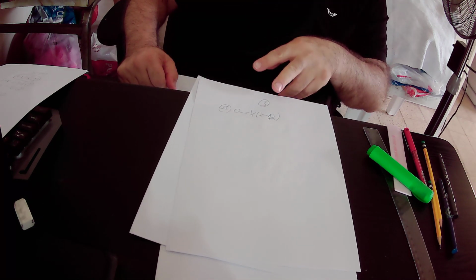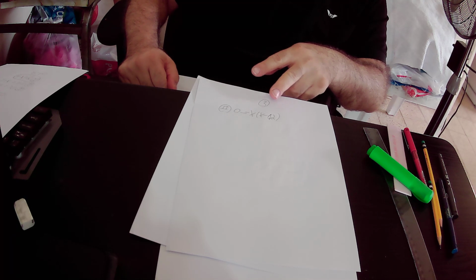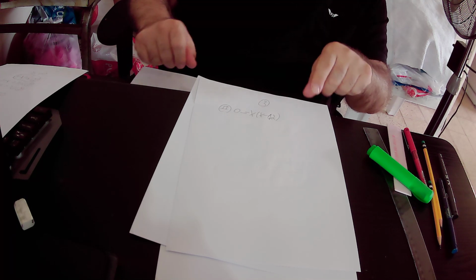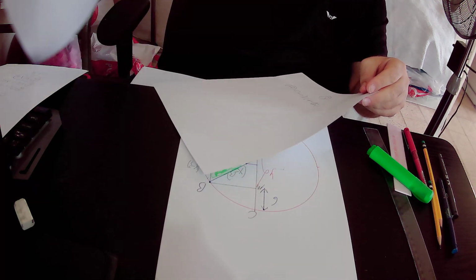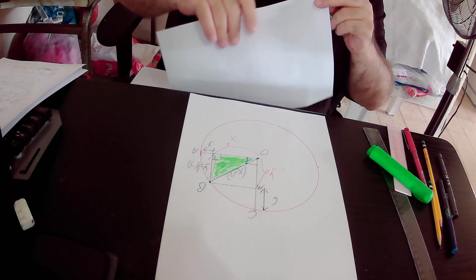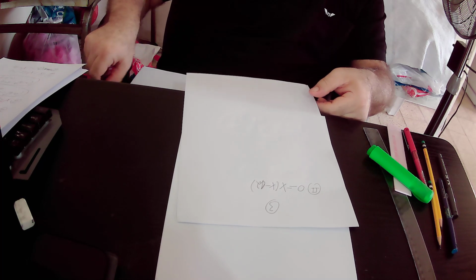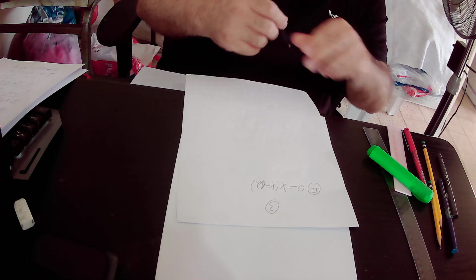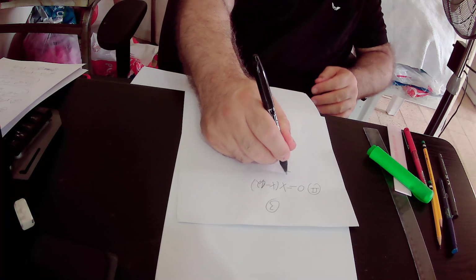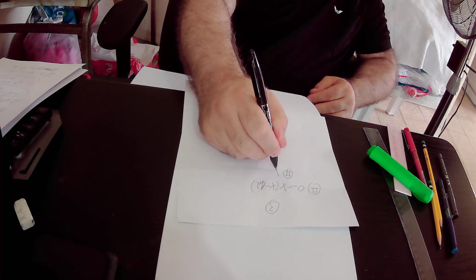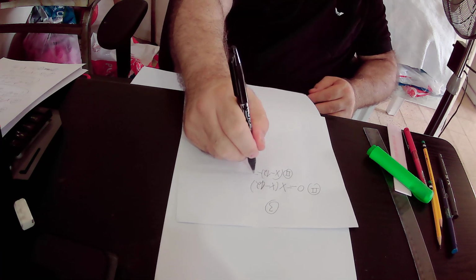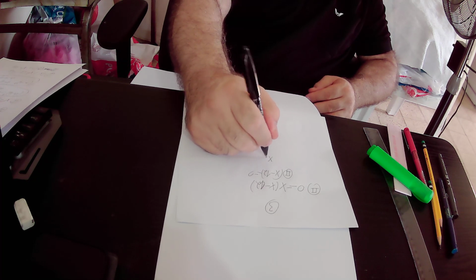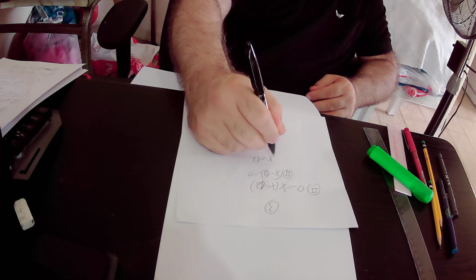And the other solution is that x minus 12 equals 0. Okay, so I'll write it down. So if x minus 12 equals 0, then x equals 12 units.